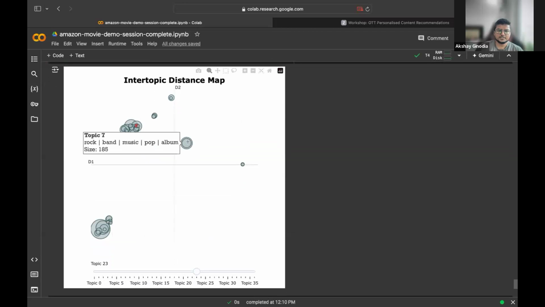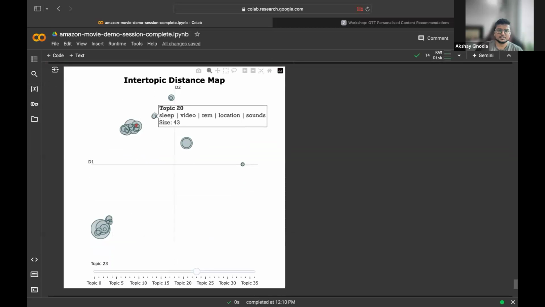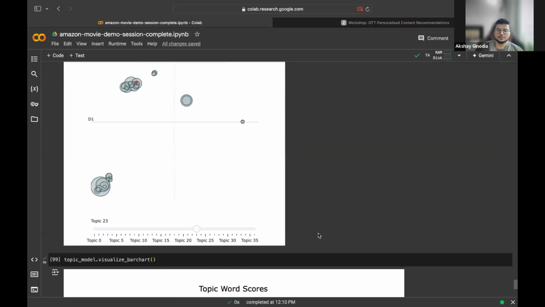Okay, topic 7 has rock, band, music, pop, album. Topic 27 has yoga, stress, guided, reduced. Topic 20 has sleep, video, REM, location, sounds. They have some similarities within them, but each of the topics also has a separate flavor to it.